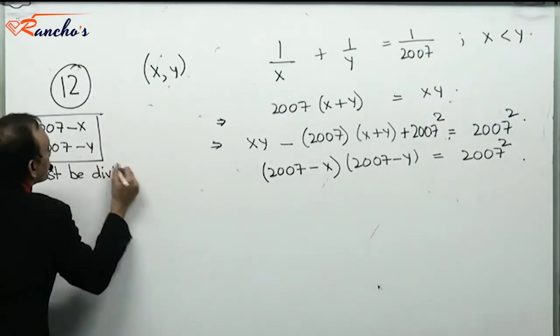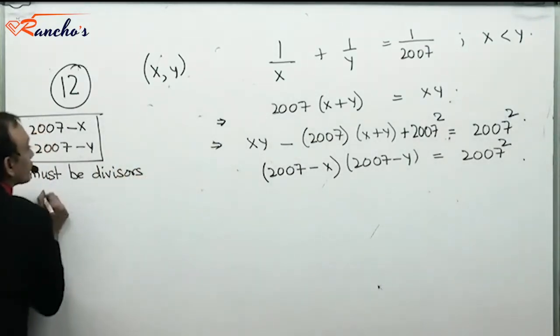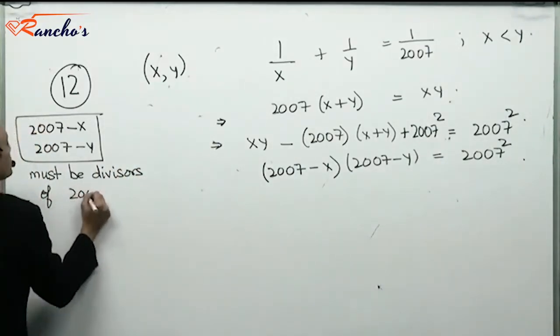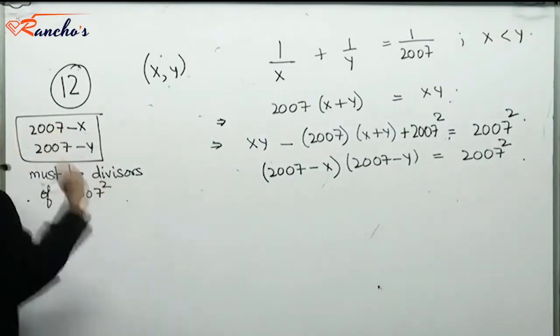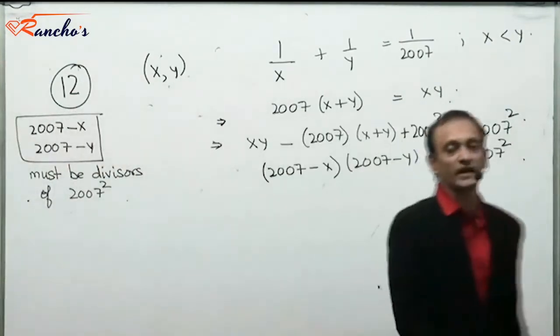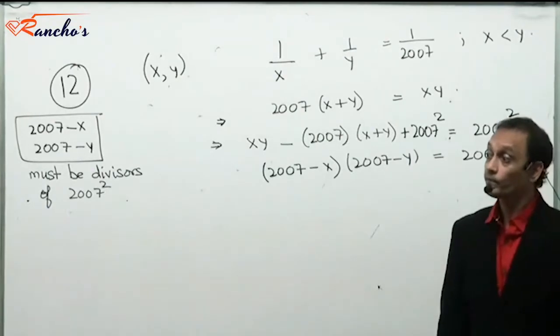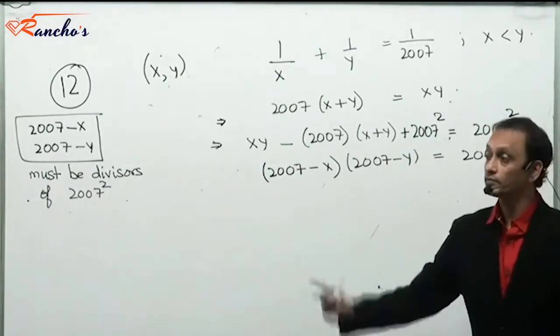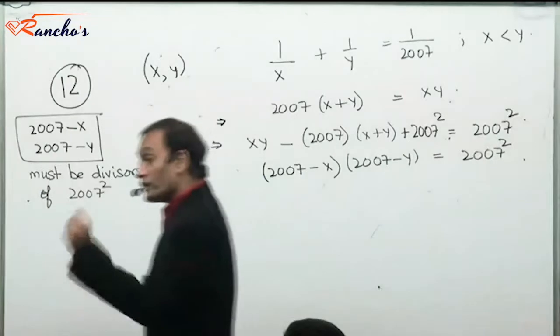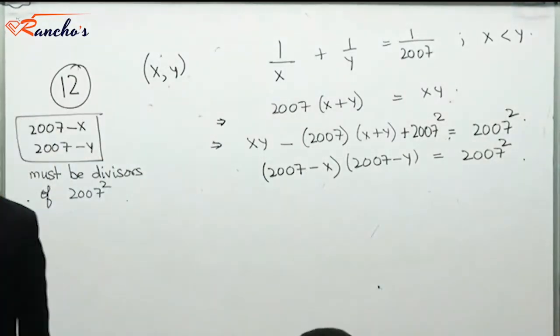Let me find out the number of divisors of 2007 squared.